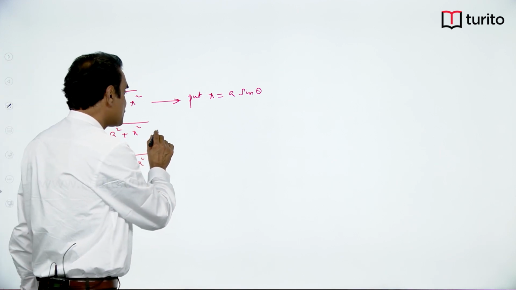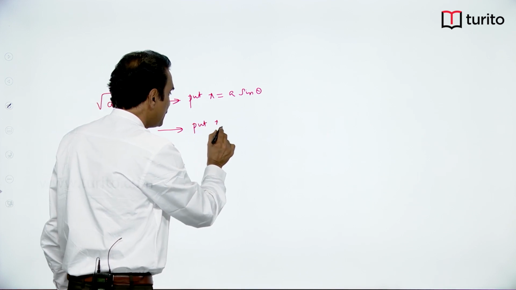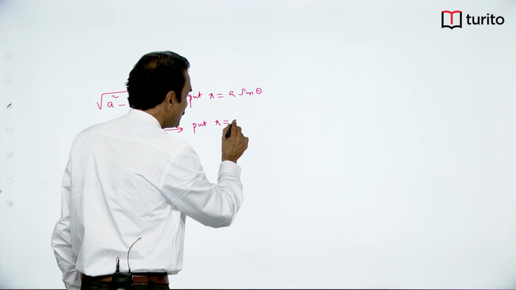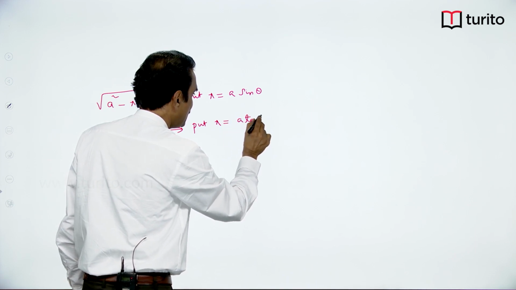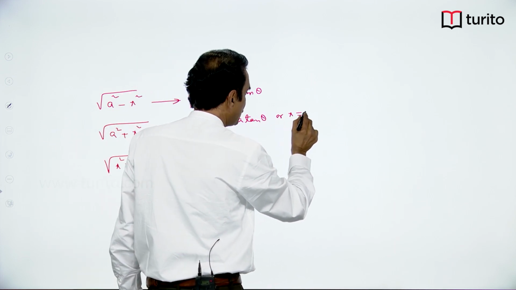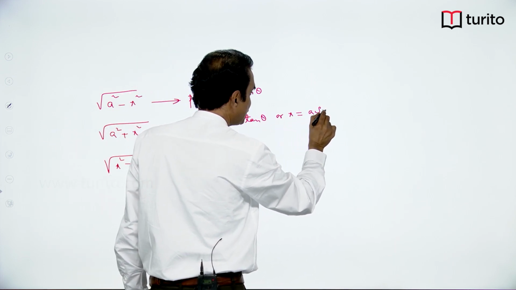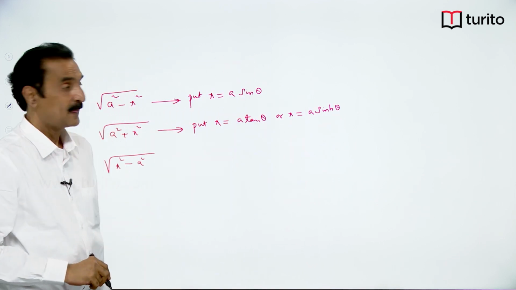For root over a square plus x square, we put x is equal to a tan theta, or x is equal to a sinh theta, hyperbolic substitution.